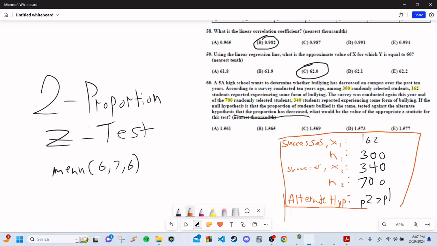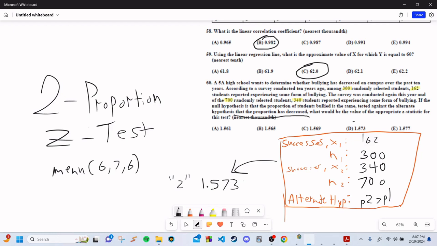And so after you click enter, after typing all this in, you'll get an output that tells you that your z, which is your z statistic, comes out to 1.573.